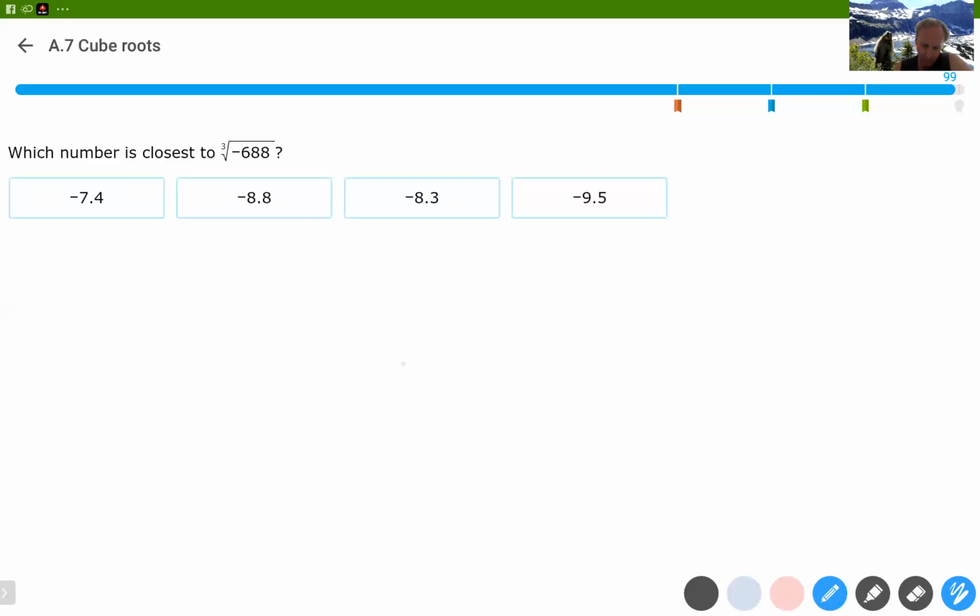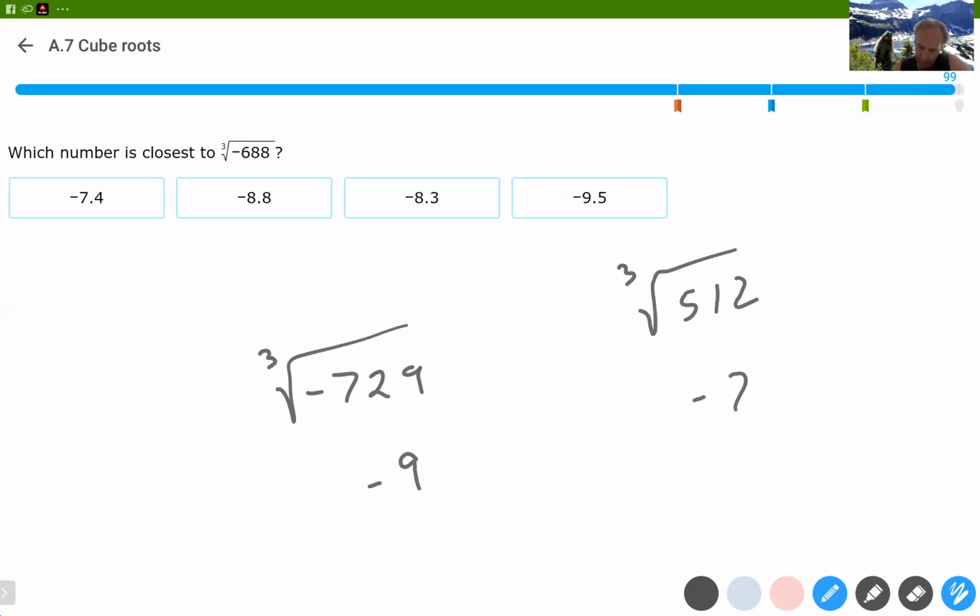Let's see. We're looking at 729. That's our negative 9. And the cube root of 512 is negative 8. Sorry, negative 512. And so we're between negative 8 and negative 9, quite a bit closer to the negative 9. So I'm going to go with the negative 8.8.